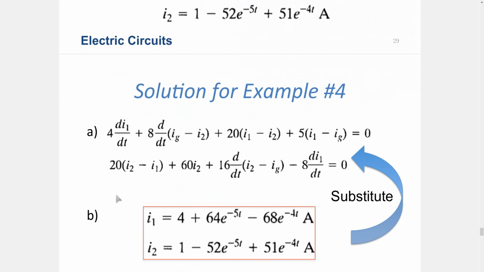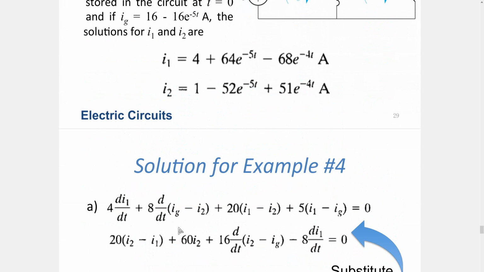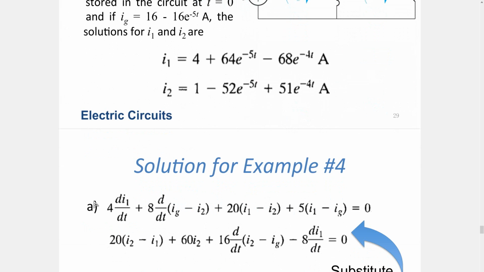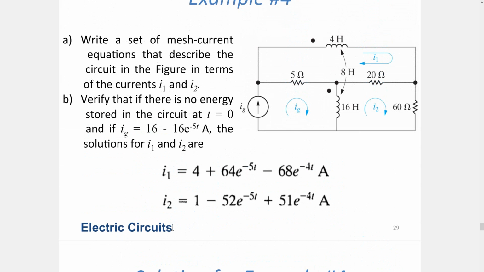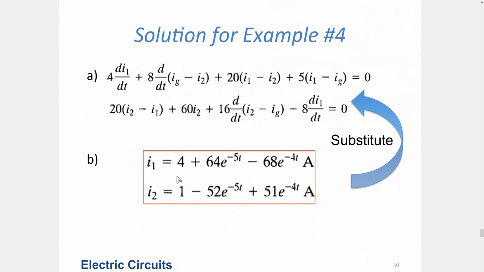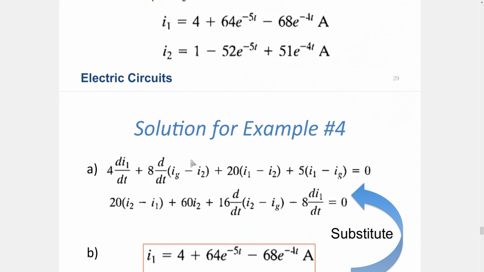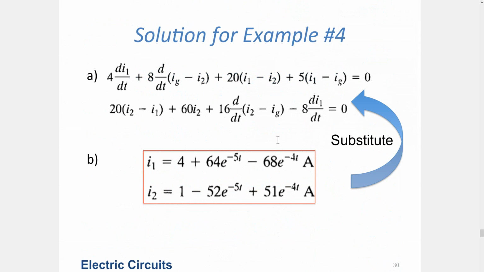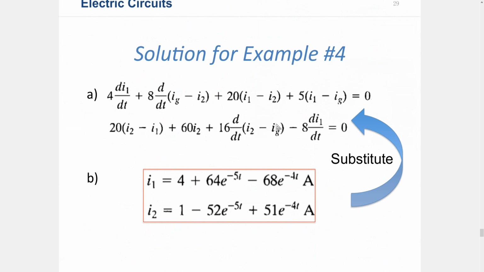And the second one can also be written as 20 times (I2 minus I1). I have I2 here and I1 here. And plus 6 times I2, so we have 60 ohm here, plus 60 ohm I2. And plus 16 times d/dt (I2 minus Ig), for the 16 henry, now we have the I2 minus Ig current that we need to consider, and minus 8 times di1/dt.